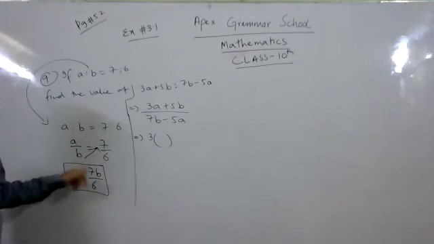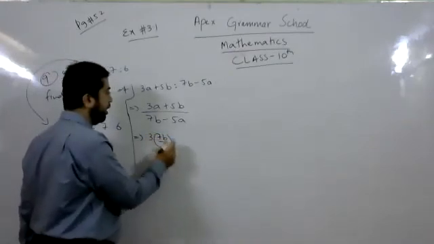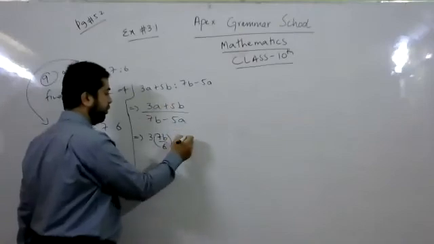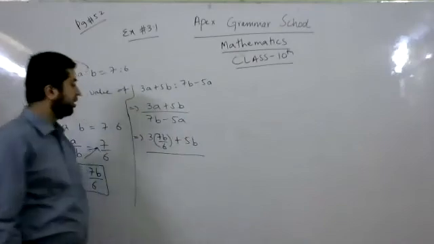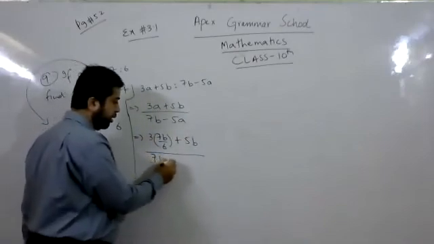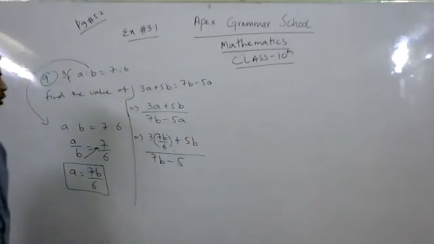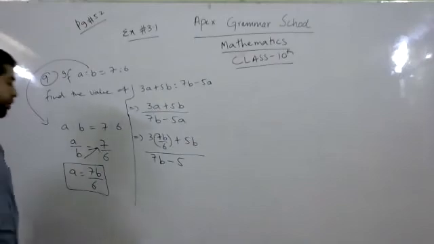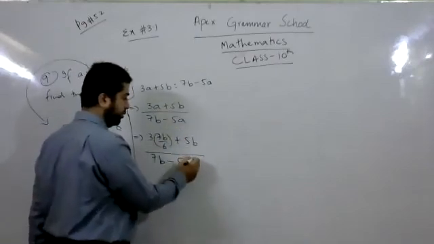A value is 7B over 6. After that a plus sign and then 5B. Then the fraction, then 7B minus 5 and A. Again you need to put the value of A, that is 7B over 6. This is 5A.